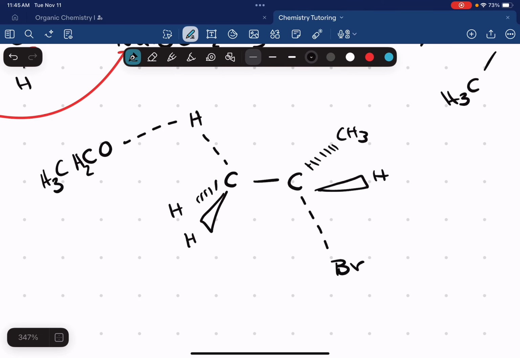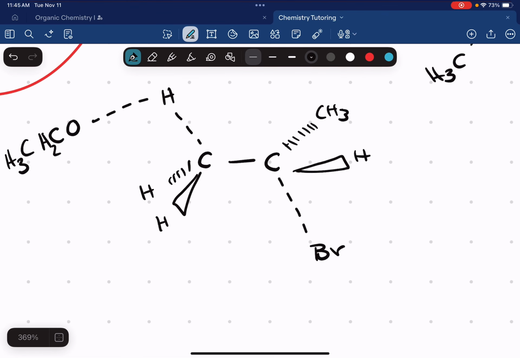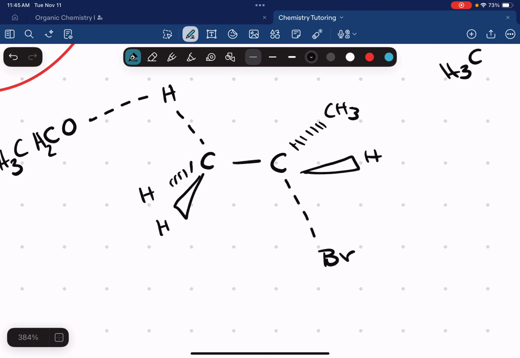Okay, antiperiplanar. So we've got peri, meaning it's on the opposite side, right? And anti because it's trans.